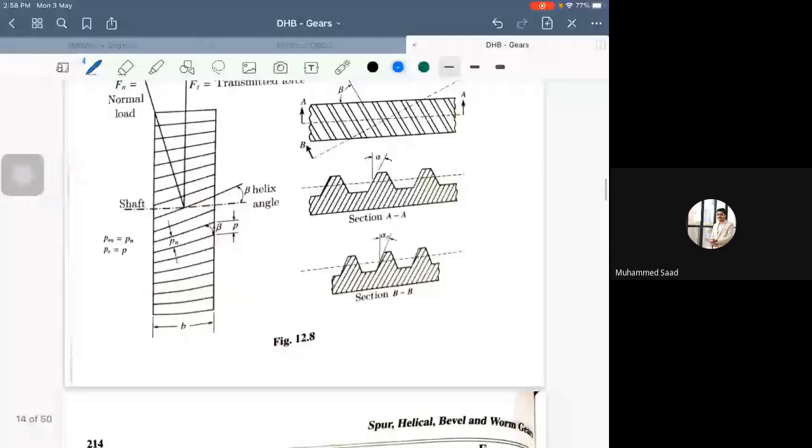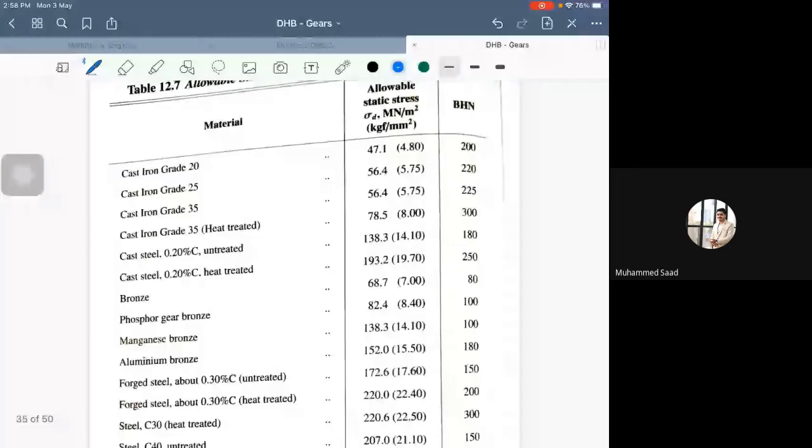Page number 236. Okay, 12.12, page number 236.